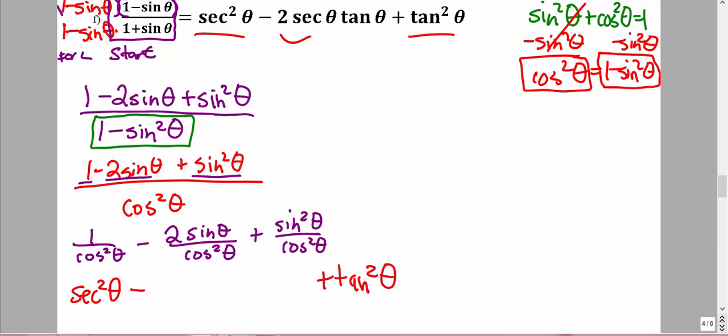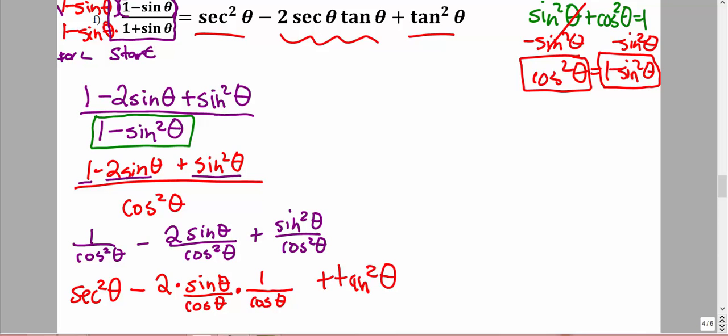Now the middle term is where we might want to think about that a little bit, because we don't have that yet. Let's separate this into 2 separate fractions, multiplied together. So let's think about this as 2 times sine theta, and we're going to separate the bottom as just cosine by itself, so cosine times cosine.